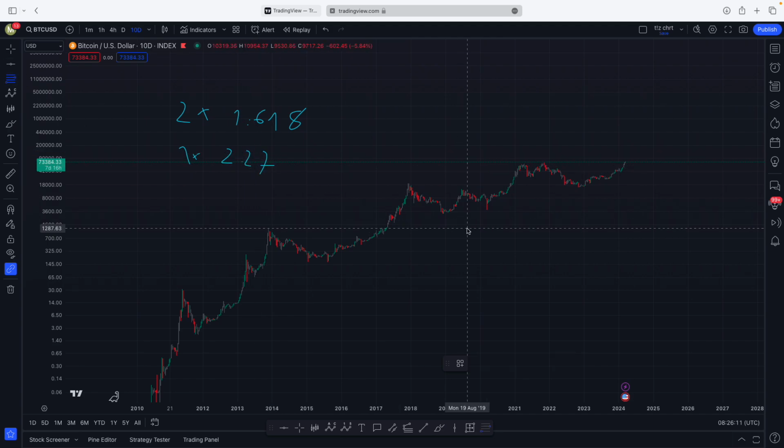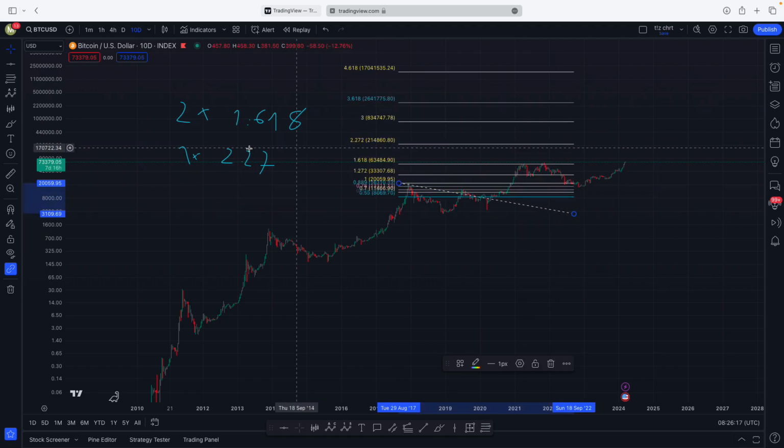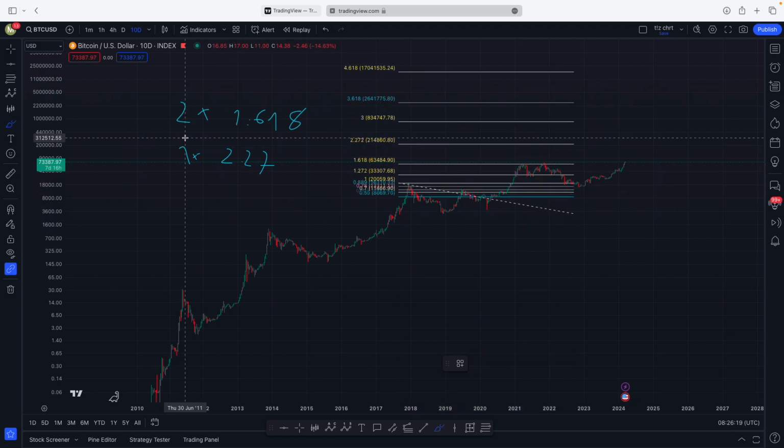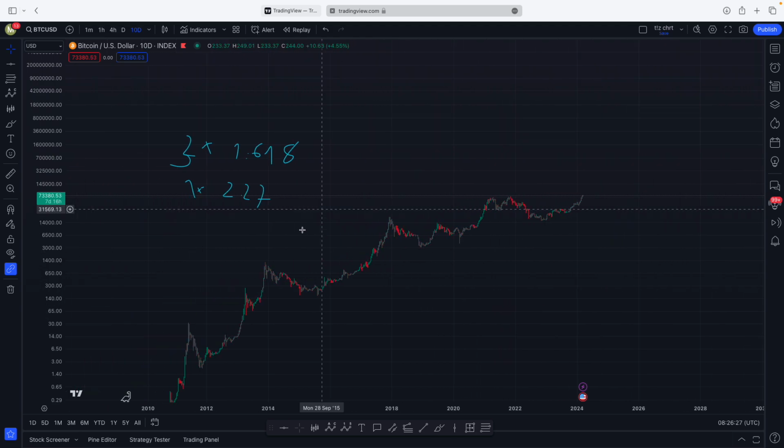Now let's keep going and measure from the 2017 cycle to the bottom, and we reached the 1.618. So that makes three times reaching the 1.618. Basically those were all market cycles for Bitcoin: 1, 2, 3, 4, 5.